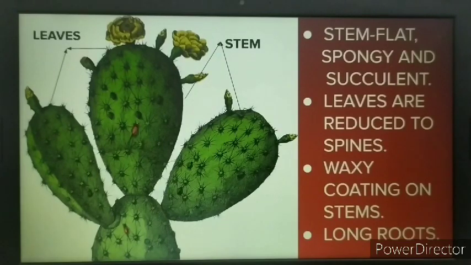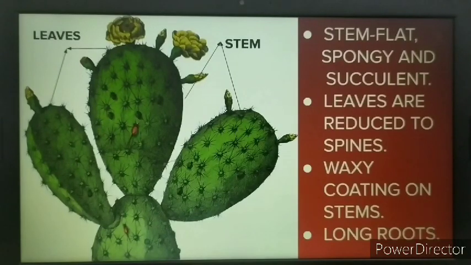As you have learned in the previous classes, the extra water is lost from the aerial parts of the plant. So the leaves are responsible for losing this extra water. But when we talk about desert plants, they cannot lose this water because they already have scarcity of water. So whatever amount of water they get, that is to be stored so that they can use it later.